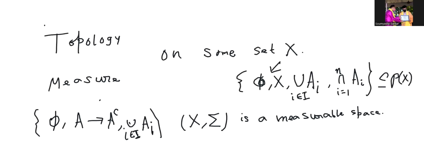And then you want to define a measure on this measurable space. Measurable literally means that it's something which you can measure, which is to say that you want to attach a number to each subset which belongs to this collection sigma. Again, this sigma is obviously a subset of the power set of X. Okay, so now what is a measure?